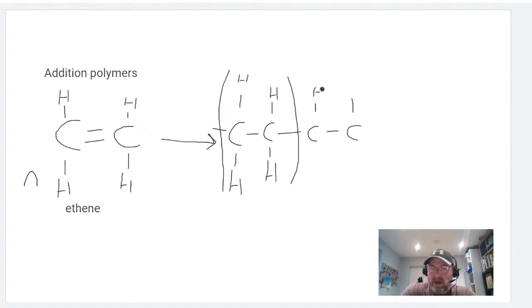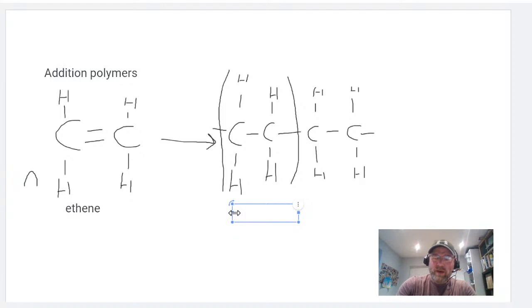So in that case, I'm just going to do the same thing again. This one's really easy. Just leave the ends open. Make sure with a polymer you don't close the ends. Now, this can be tricky for some people. It's natural to think the double bond has gone. Because the double bond has disappeared, it's no longer an alkene, it's an alkane.